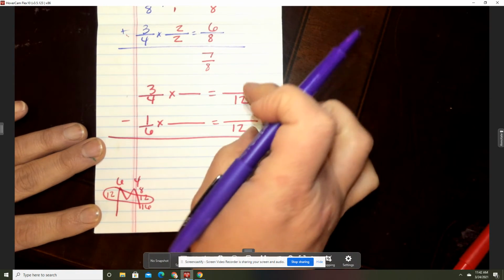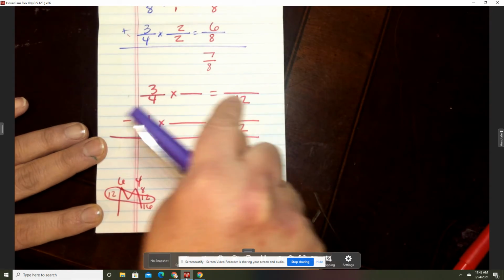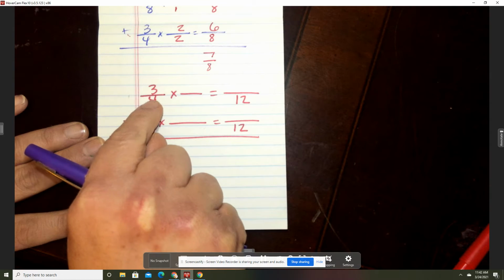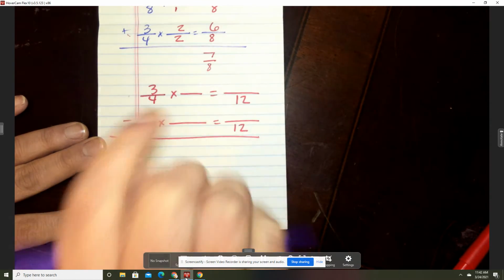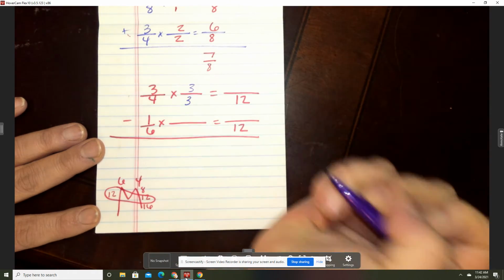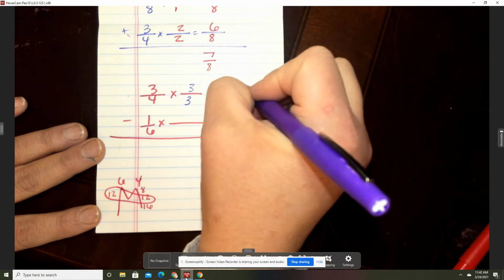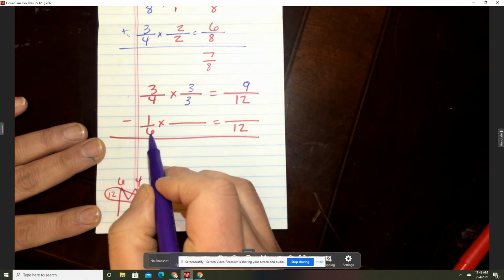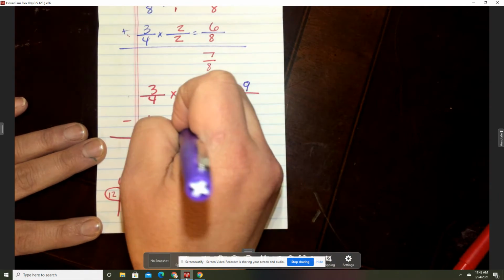All right, so now I need to make equivalent fractions. I need this fraction to be equal to this fraction. So to do that, I need to think, how many times did I multiply 4 by to get to 12? Well, that would be 3. And then what I do to the bottom, I do to the top. 3 times 3 is 9. All right, what did I do to 6 to get to 12? I multiplied by 2.